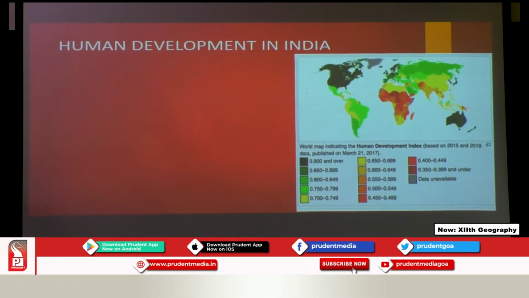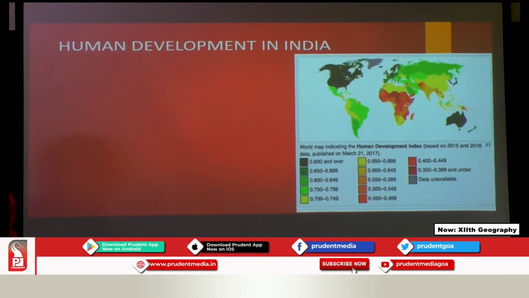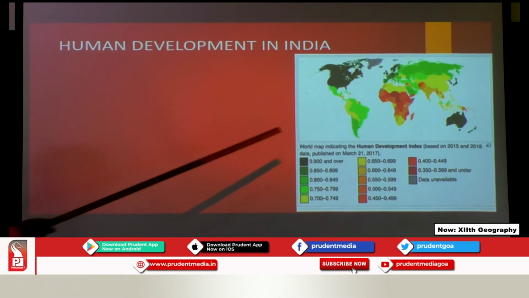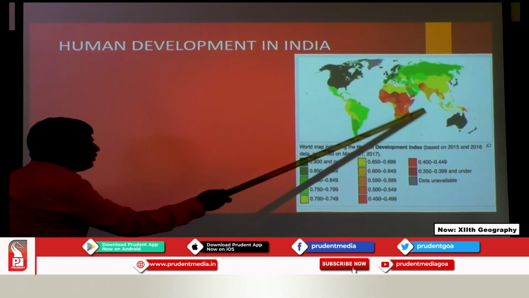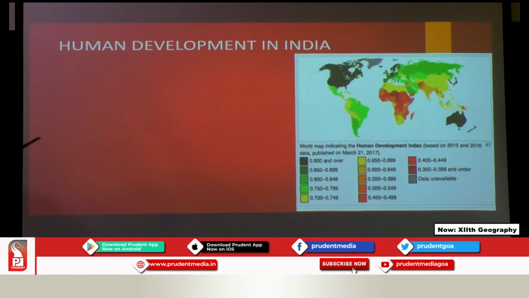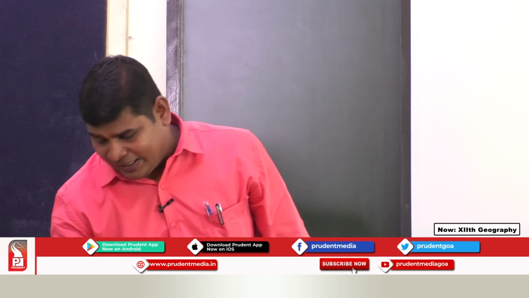Now you can see clearly on the screen, this is a map that shows you the countries belonging to different human development index value categories in the world. And see the color of India, somewhat yellowish. So India falls in the category of medium human development index value in the world.